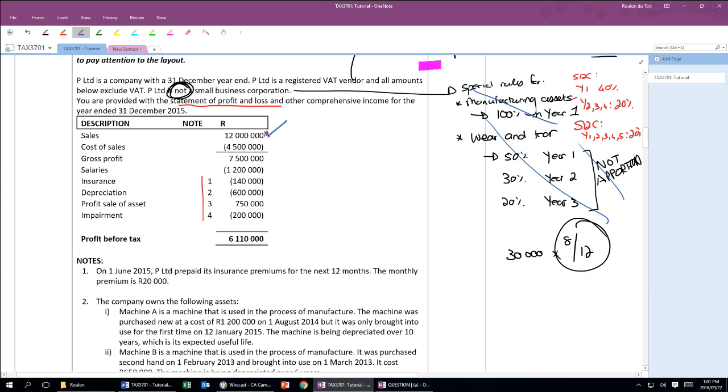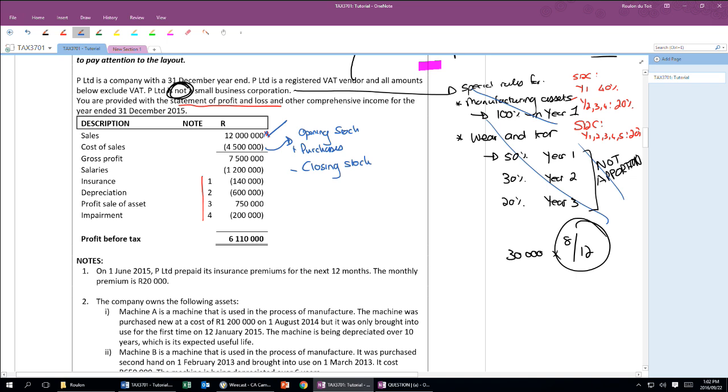Then we've got cost of sales. Now guys, remember how cost of sales is calculated for accounting purposes? It's basically opening stock plus purchases or manufacturing less closing stock. And that gives us our cost of sales.